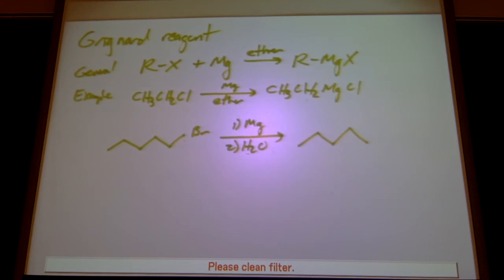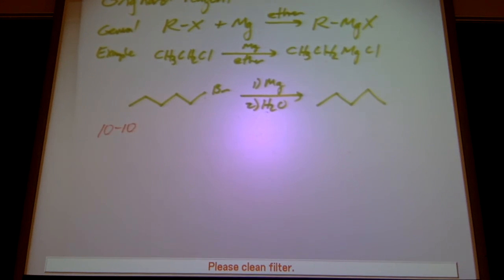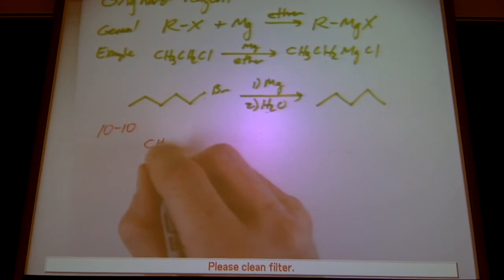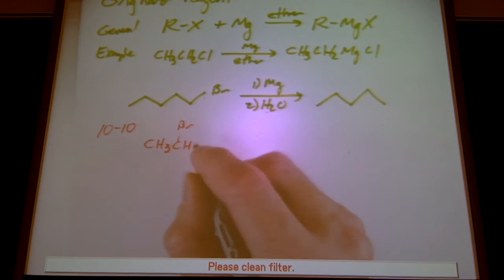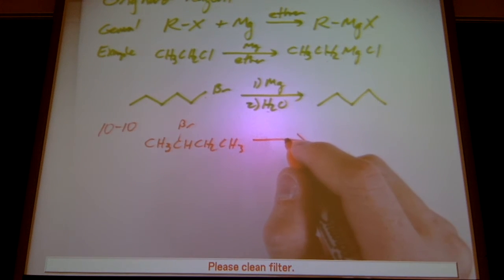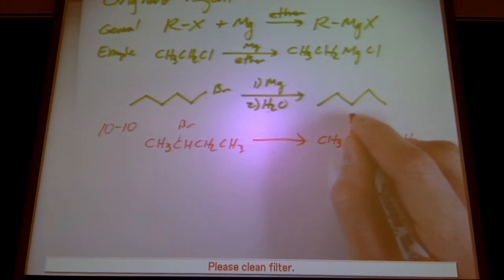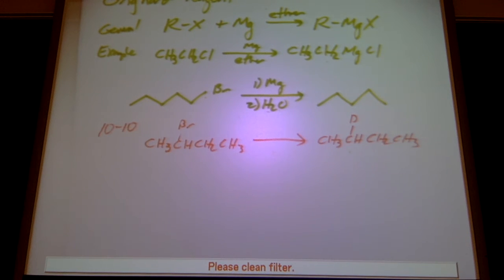Let's look at 10-10. It says, how would you replace a halogen substituent by a deuterium atom if you want to prepare a deuterated compound?